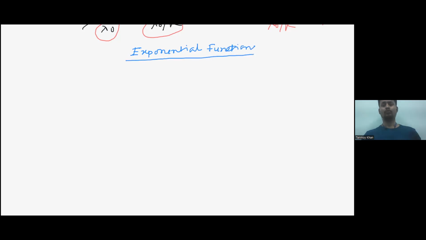This is maybe one of the most used functions in chemistry. Any kind of relaxation will be some kind of exponential function. So learning the exponential function and its plot is very important.